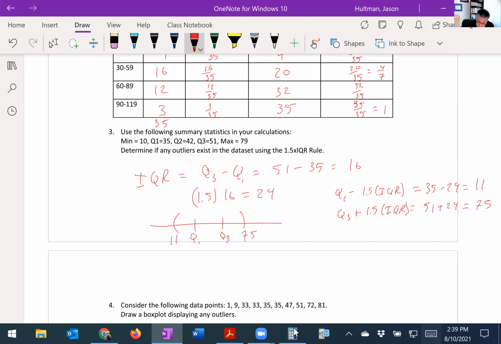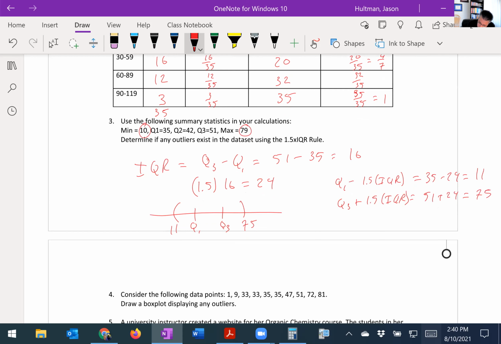Now, are there any values here in my 5-number summary that are lower than 11 or bigger than 75? Yes, there are. There's the minimum, which is 10, and the maximum, which is 79.